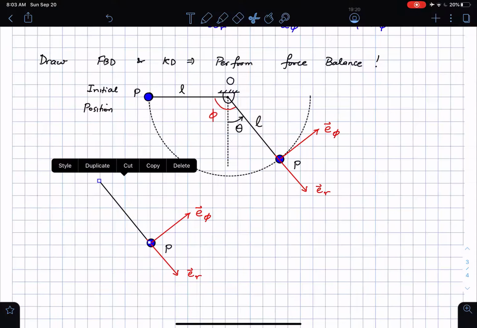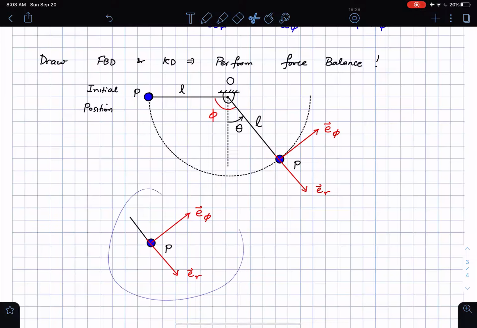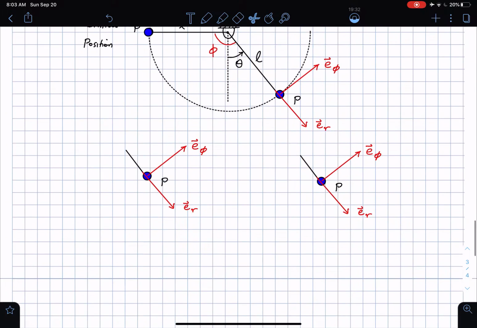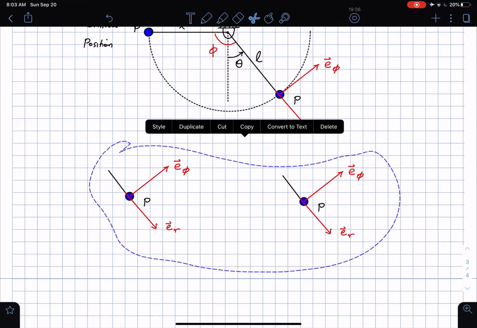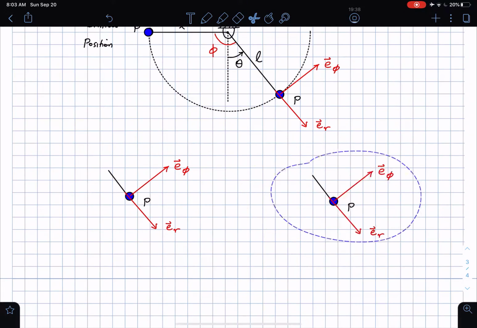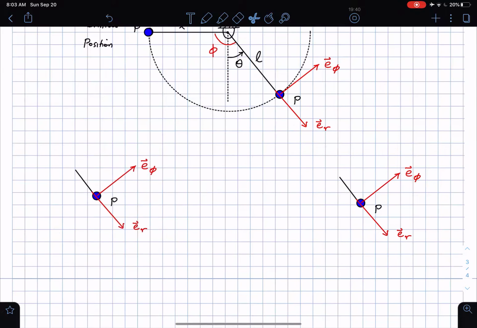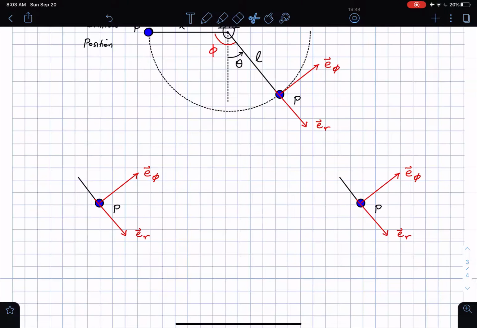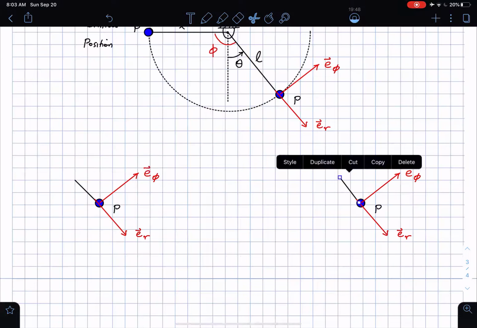I don't need to cut that off, I'll keep that. I'll just reduce the size of that, and I'm going to copy this again so as to write out my kinetic diagram, and I'm going to bring these two slightly down and spread this out. Okay, beautiful. And this has to be a little straight. I don't need that here.